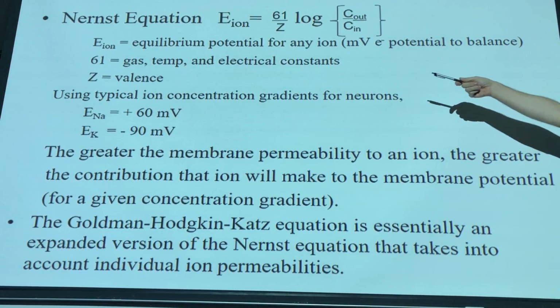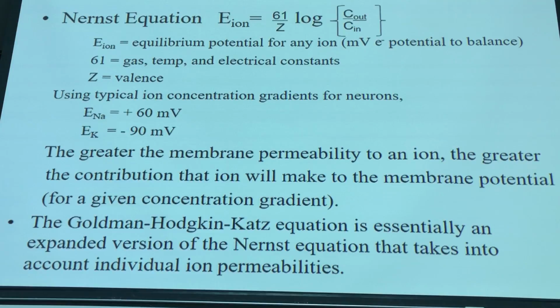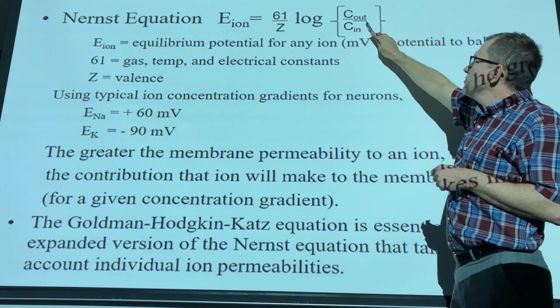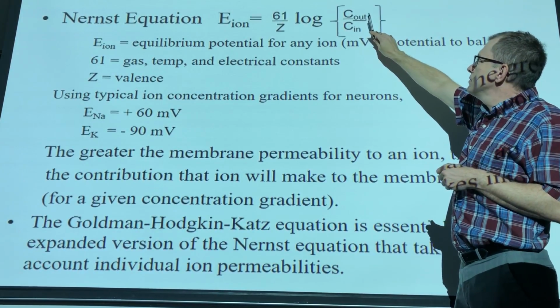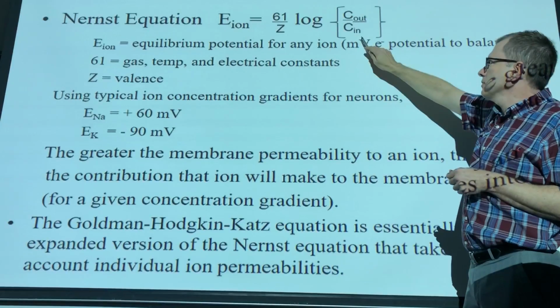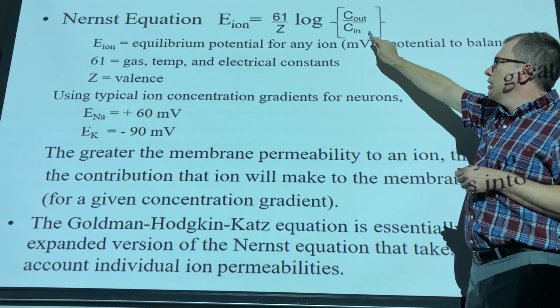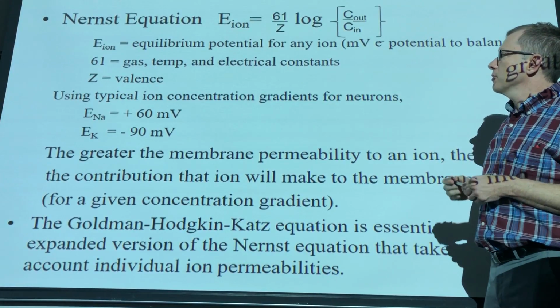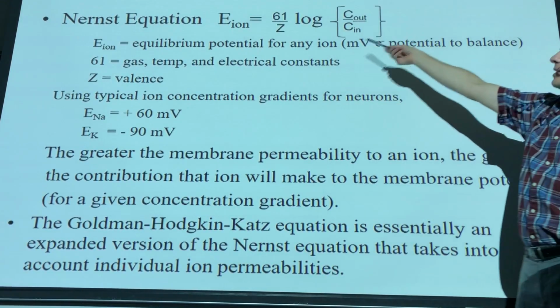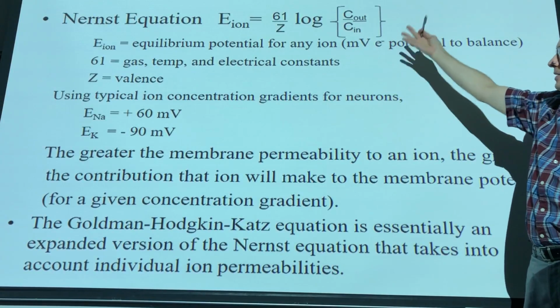Z is the valence of the ion, okay? And then we have the concentration outside the cell over the concentration of the inside of the cell, okay? And the log of that difference, okay? So if you plug all those numbers in, again, just know the things that the Nernst takes into account.